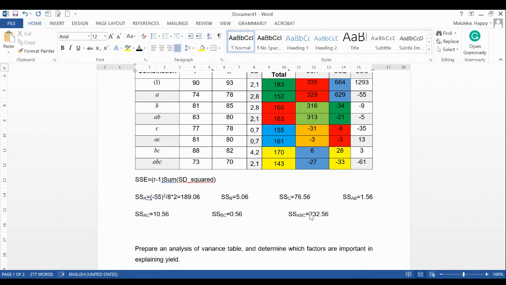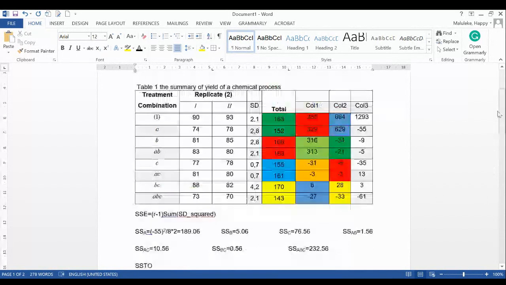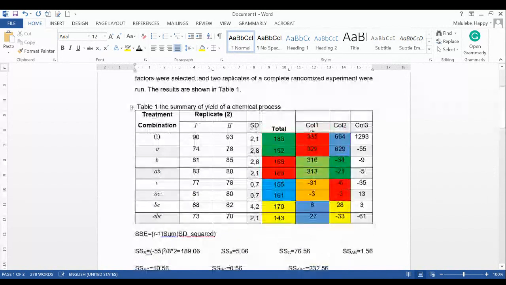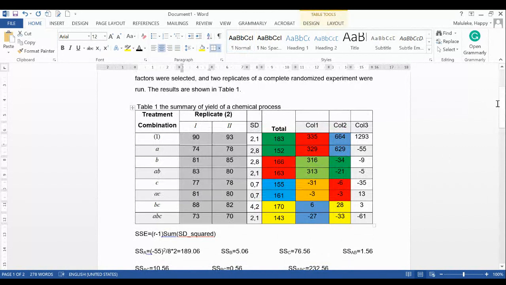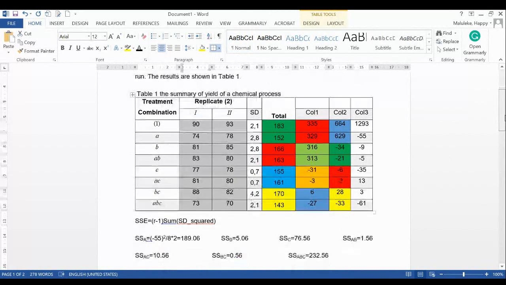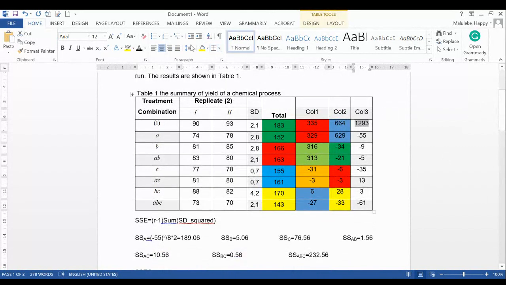Check SSTO. You know how to find SSTO. The actual values here, you square these values minus the total.